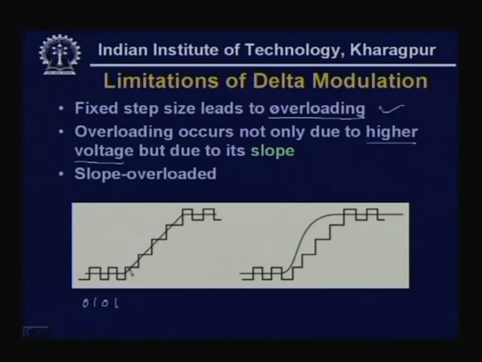Here we shall be sending 1 1 1 1, consecutive ones, but in this particular case the sampling rate is such that it is not able to follow the fast changing signal. This leads to slope overloading, and as you can see here, whenever you reconstruct the signal from this received signal, you will not get the proper signal that was transmitted. So, this leads to distortion.